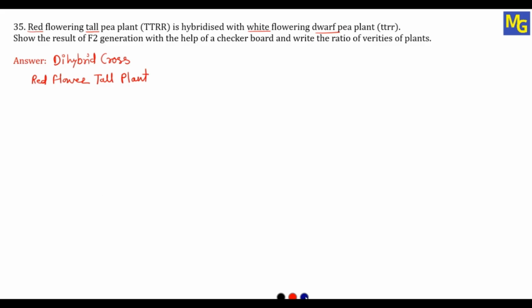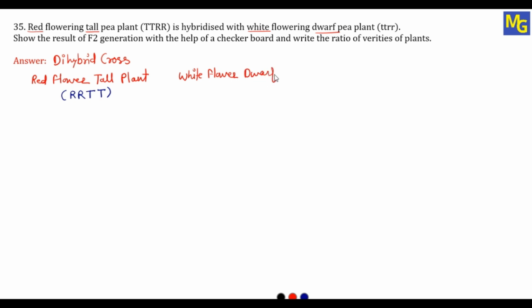So what are the genes denoted for this? So red is capital R, and tall is capital T. So we will denote it like this. So we will write it here. Now same way we will write for another plant, that is white flower, and what is the height? It is a dwarf.